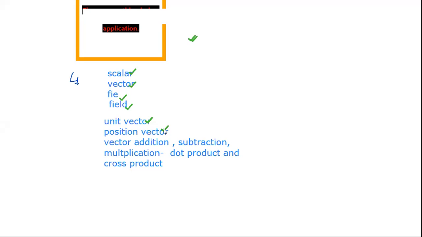For the unit vector, the position is represented as x into ax, y into ay, z into az divided by its magnitude, the square root of x square plus y square plus z square. That is the position vector. Next, of course, one more parameter is there.